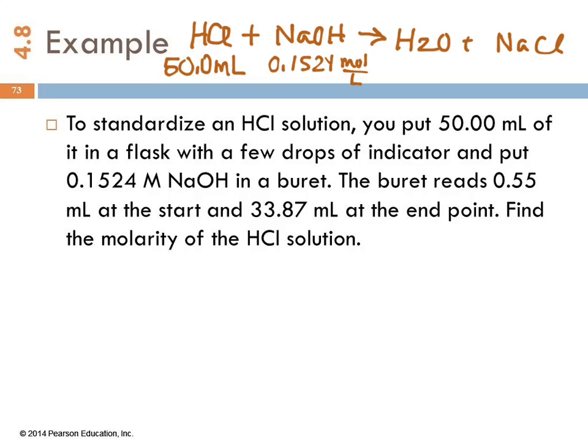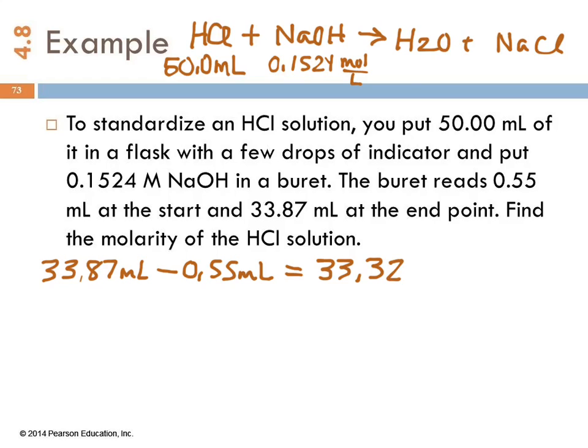Yeah, we have to figure it out a little bit. But we take the 33.87 milliliters and we subtract 0.55 milliliters. And I think that comes out to 33.32. So 33.32 milliliters.